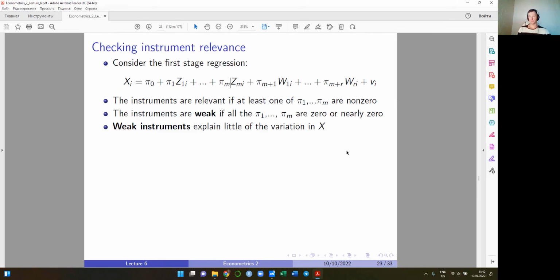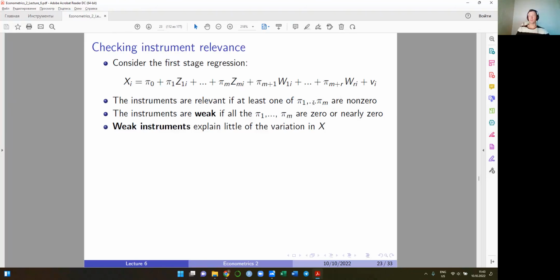Now the question is how we can test that at least one of these pi's is non-zero. This is a familiar instrument. We know how to work with that. We performed those tests many times. Joint hypothesis, correctly.